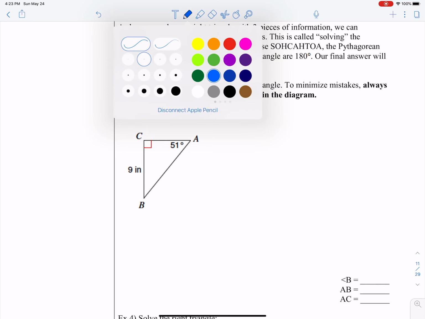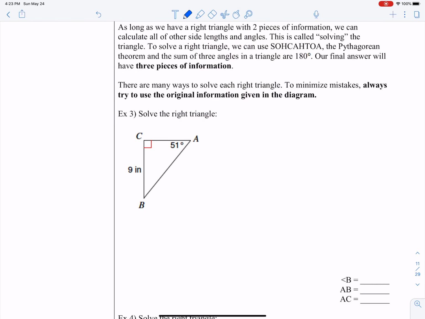We know that this is our right angle, so we're going to go across from there, and this is going to be our hypotenuse. Then we have an angle over here, so this is going to be our opposite. And then we know up here is going to be adjacent.